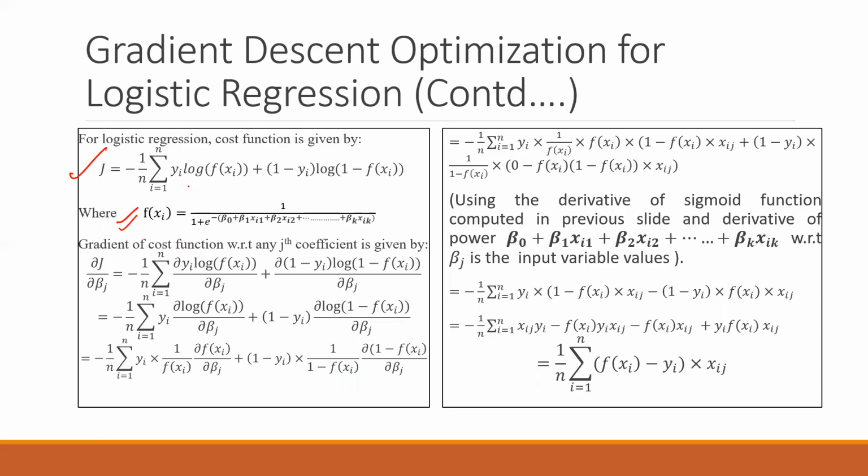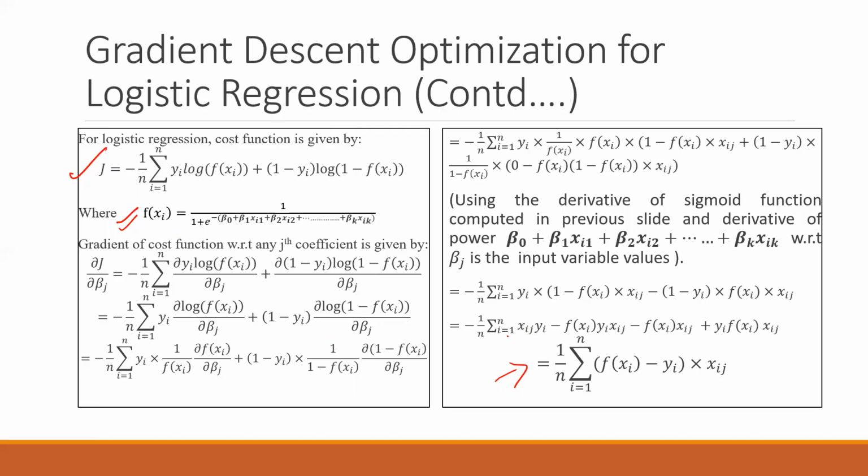We were dealing with f(x) and 1 minus f(x) earlier, but now we substitute the value of f(x) into it, and when we solve the mathematics, we finally get this equation: 1 by n, f(xi) minus yi into xij. So this is my gradient descent optimization after solving the mathematics.